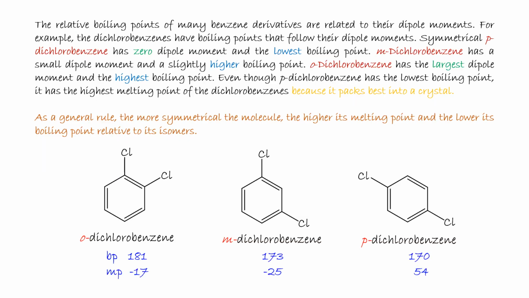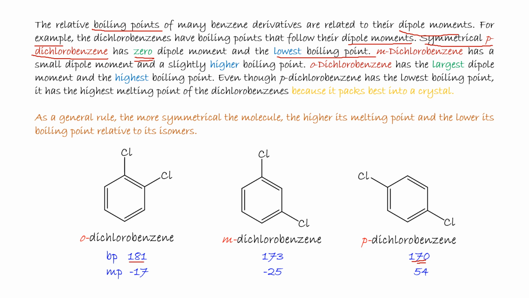The relative boiling points of many benzene derivatives are related to their dipole moments. For example, dichlorobenzenes have boiling points that follow their dipole moments. The symmetric para-dichlorobenzene has zero dipole moment and the lowest boiling point, 170.